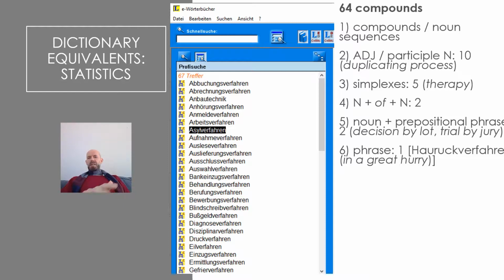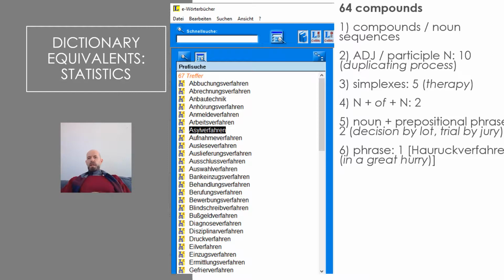So among dictionary equivalents, compounds are the most frequent rendition. That doesn't necessarily mean that they're more frequent in real life, if you like. You'll understand that better as we go along. So compounds, most frequent in dictionaries at least. Then we have adjective participle or adjectives participles plus noun.